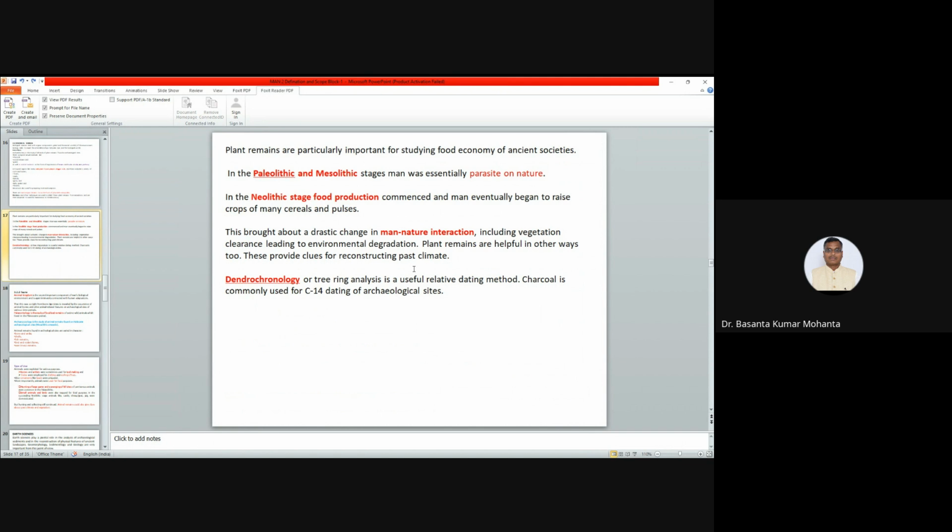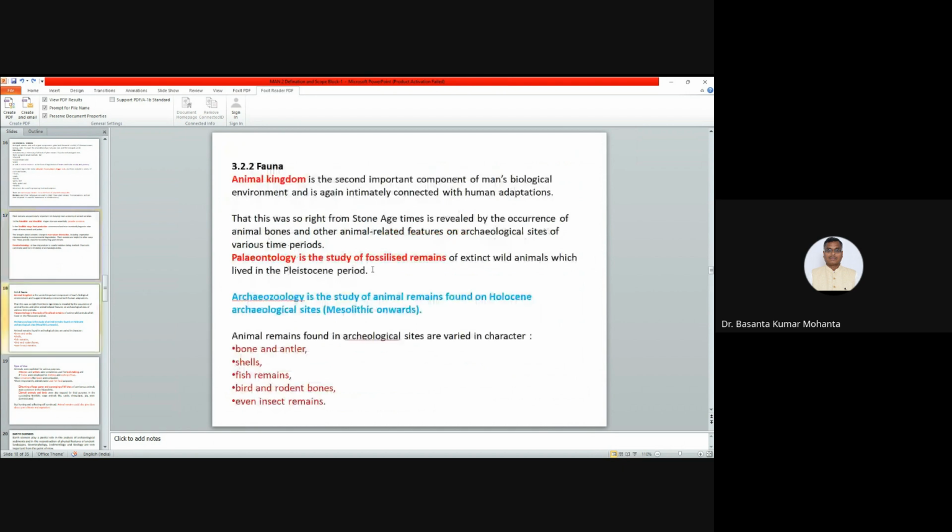Charcoal, or burnt wood, is helpful to know the time period of the past, and the carbon-14 or radiocarbon method is used to provide an absolute date by studying these charcoals. So these plant products are very helpful in archaeological study. That's why the relationship of flora, or of botany, with archaeological anthropology is very close.